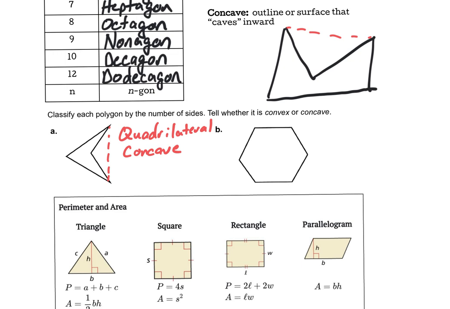When you've got more sides, one thing I always like to do as you're counting is mark where you start, because some of these might have a lot of sides. So I'm going to start at the top and go 1, 2, 3, 4, 5, 6. Just count as you go so we remember where we start. So we have a hexagon.